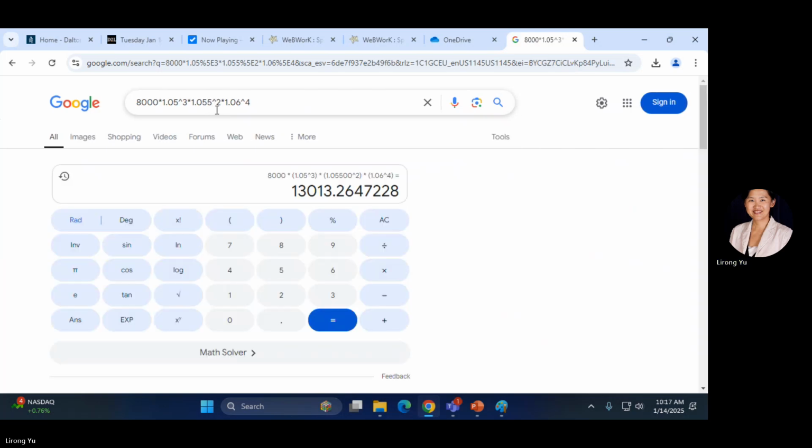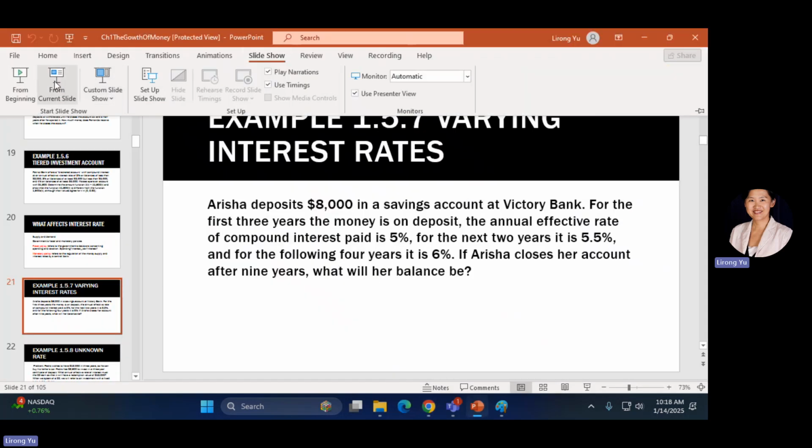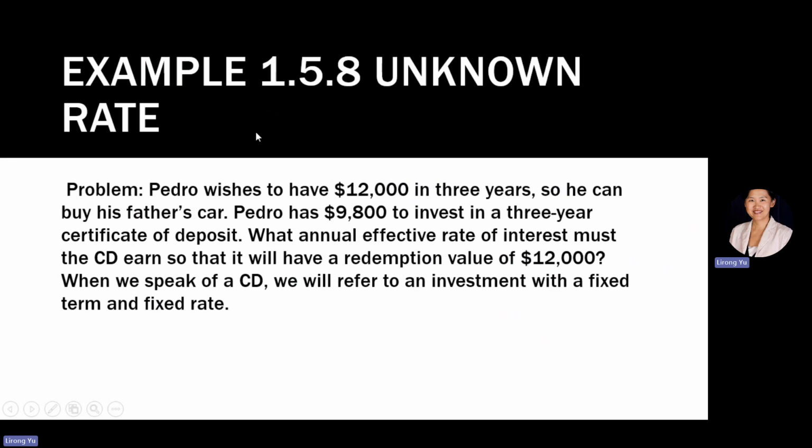Okay. So $8,000 has been growing a lot. So you can see for compound interest, even a 5% interest rate is a pretty high interest rate. That was 5,000 more than the original investment. But this is a long time. 9 years is a long time for an investment.